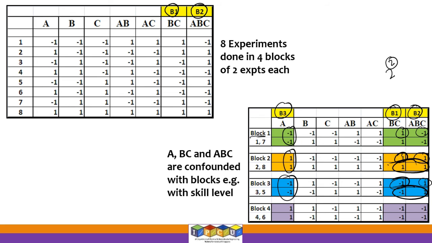In this particular case, both ABC and BC have low values, that is -1 for both of them, leading to A equal to +1. So experiments 4 and 6 will have A equal to +1, whereas BC and ABC will have -1. So this is the assignment. It is a poor assignment because the skill levels or the blocks will confound with the direct effect of A.